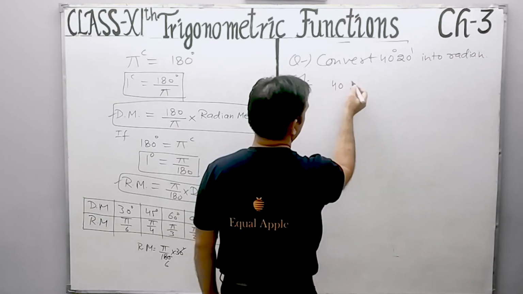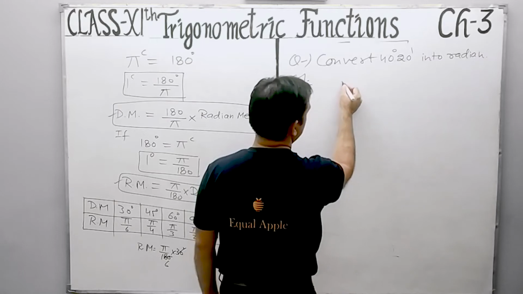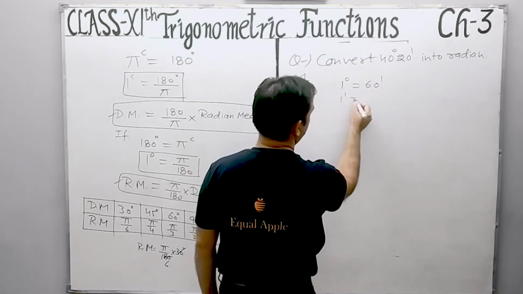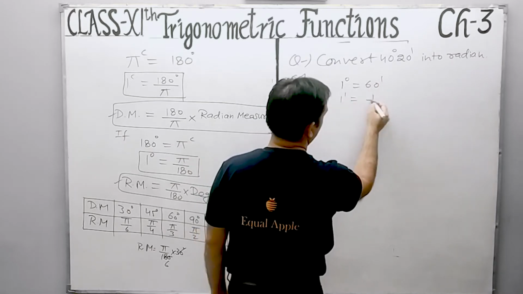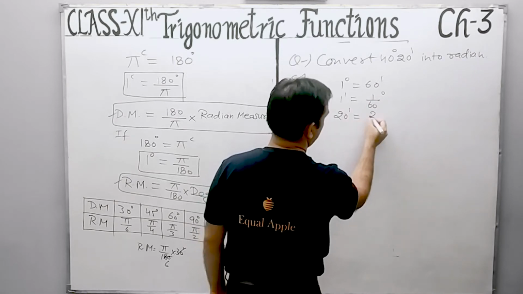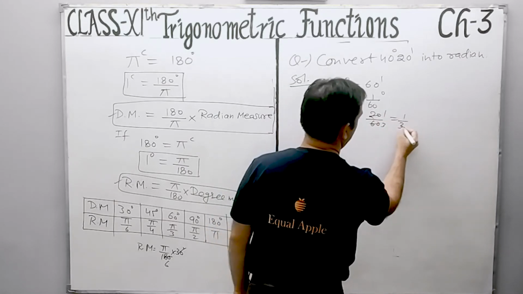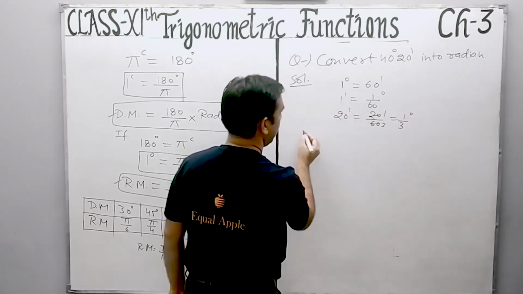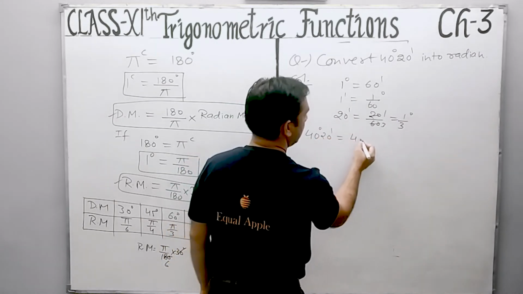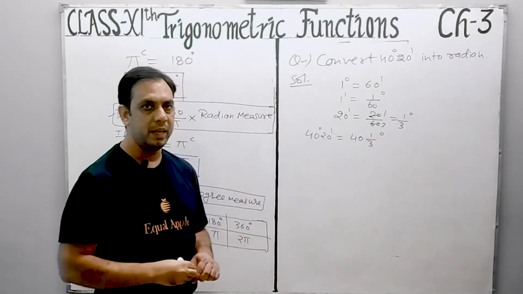We know 1 degree equals 60 minute, or you can write 1 minute equals 1 upon 60 degree. So 20 minute will be equal to 20 upon 60, that will be 1 upon 3 degree. So you can write 40 degree 20 minutes as 40 and 1 by 3 degree. So it is completely converted into degree.